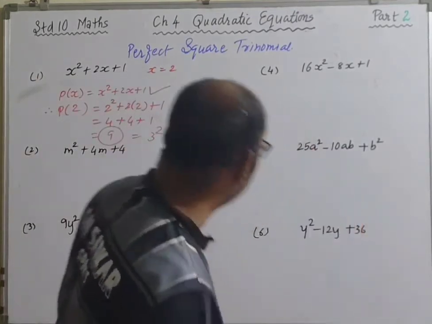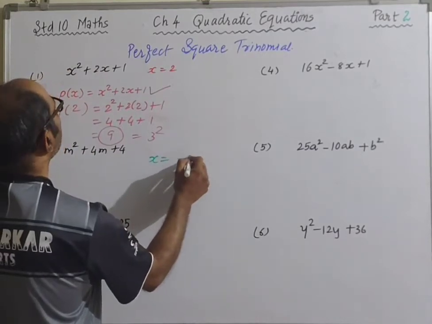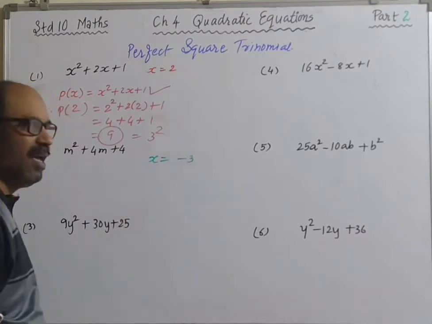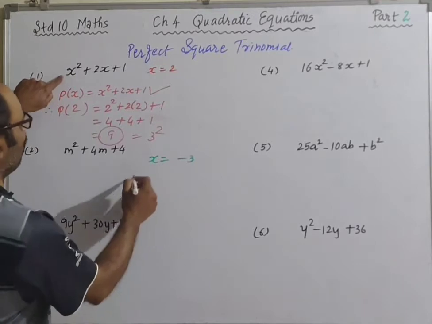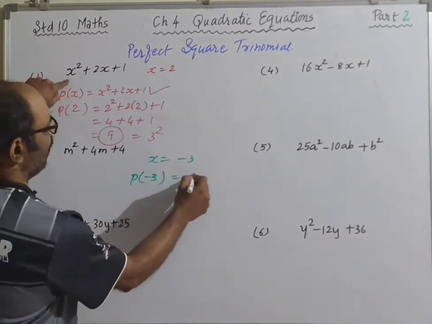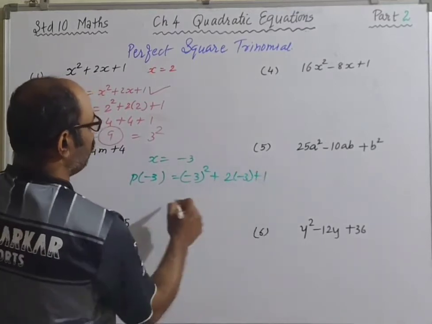Alright. Let's choose x is equal to minus 3. Any value I am choosing. x equal to minus 3. So what will be p of minus 3? Minus 3 square plus 2 into minus 3 plus 1.